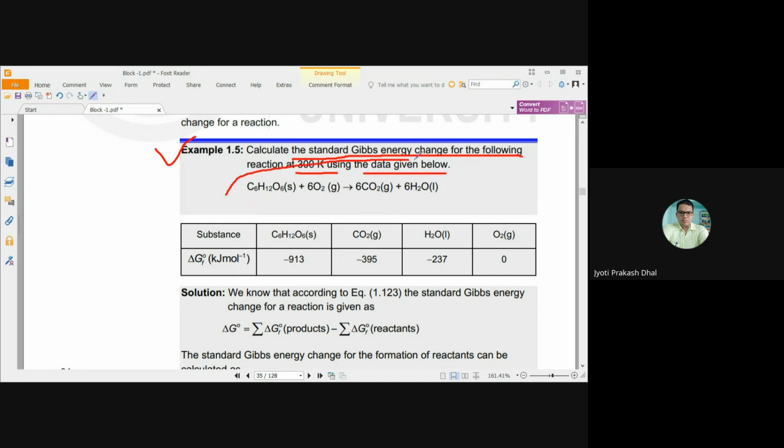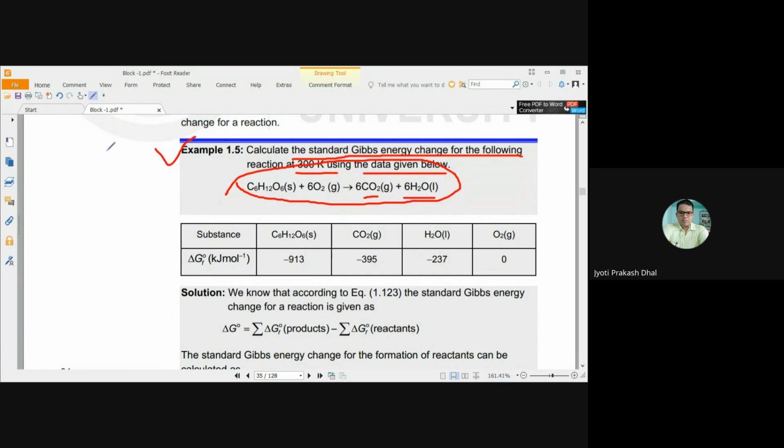So the chemical equation is just like this. Glucose, C6H12O6 solid, will undergo combustion: C6H12O6 solid plus 6 oxygen gas will form 6 carbon dioxide gas plus 6 water vapor.